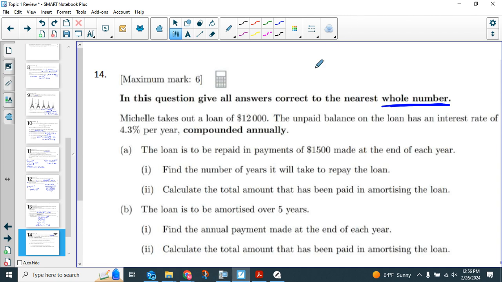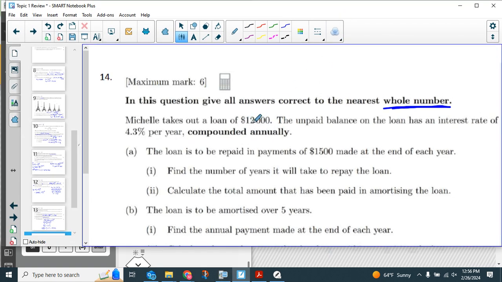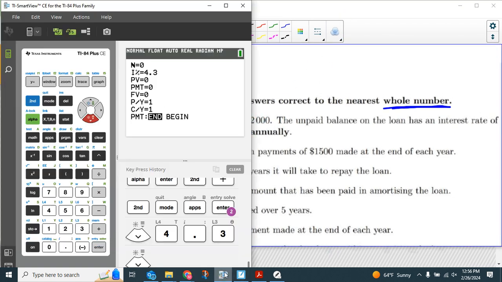The interest rate here is 4.3%. The present value, the value of the loan, is $12,000. Wait, so what does N equal? We don't know yet. N is the total number of payments. That's what it stands for.